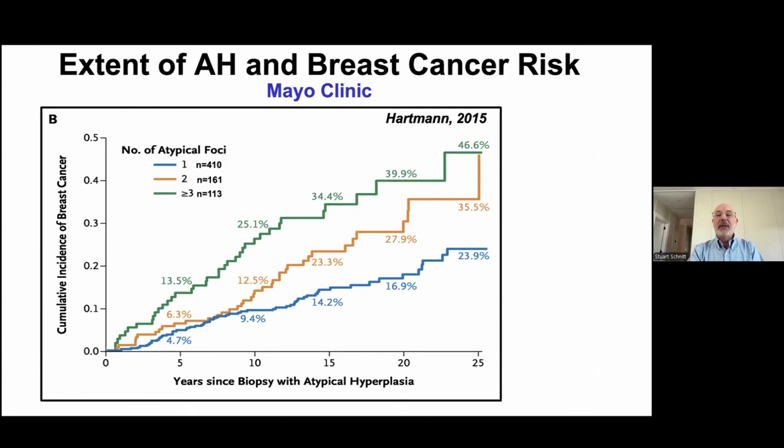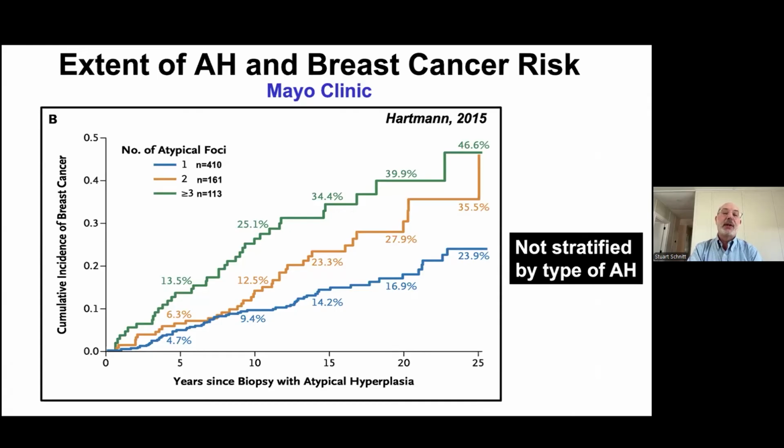However, in all of these categories, whether there's 1, 2, or 3 or more foci, the risk is quite high. One of the problems with this study is that it's not stratified by the type of atypical hyperplasia, so it's not clear from these data whether the number of foci apply to ADH, ALH, or both.